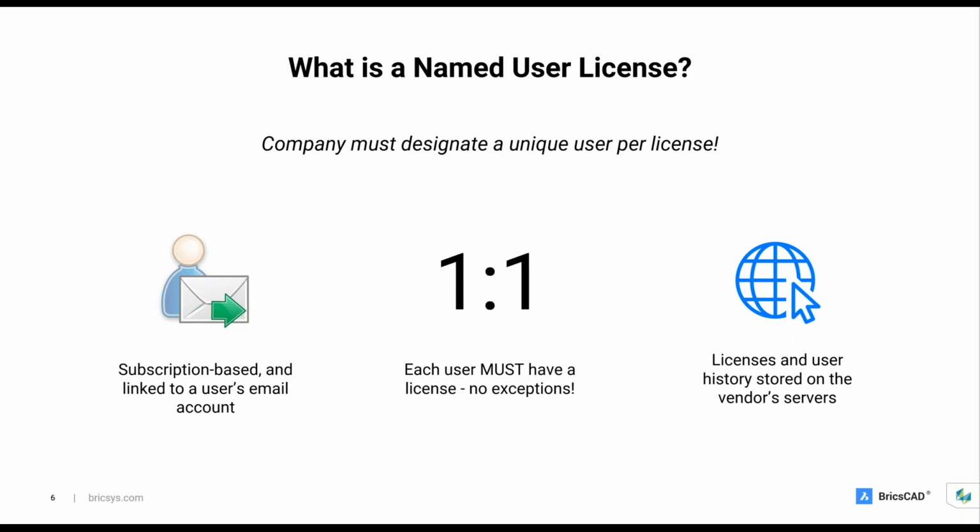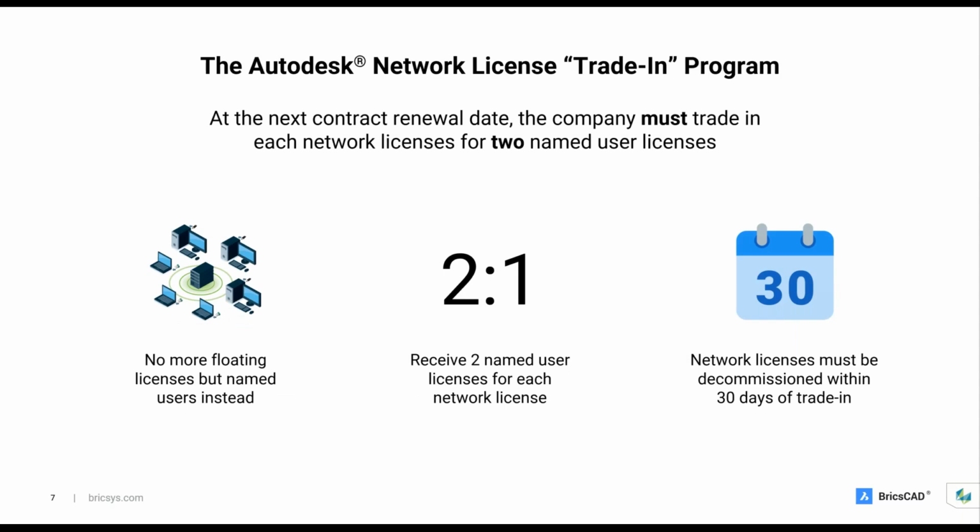Yeah, it's kind of like the old adage, you can pay me now or you can pay me later, right? So what we're hearing about is a license trade-in program. Robert, what's the deal on that? So what's going to happen is Autodesk is not going to support network licensing anymore. This means that your network licenses are going to have to be traded in, and you will then go to a named user mode of licensing control.